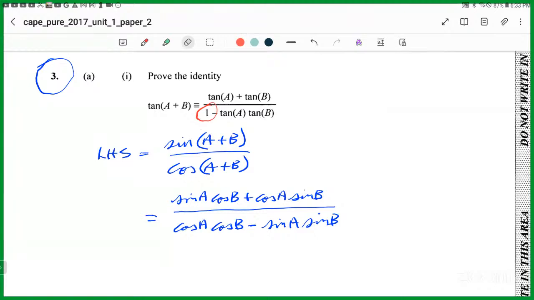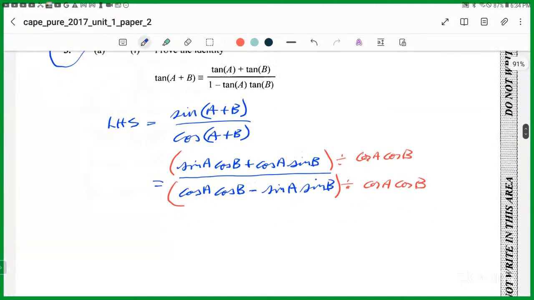I divide the numerator by cos A cos B, and also divide the denominator by cos A cos B, because that's going to make this become the 1 that I want. Then it will all work out together.